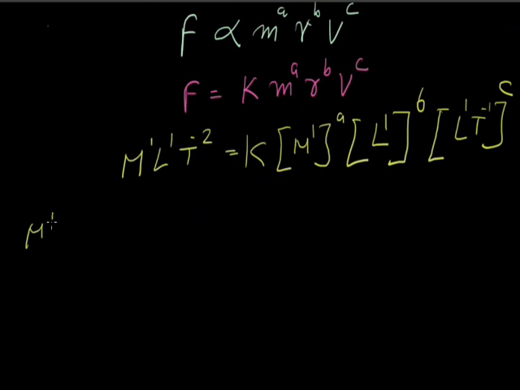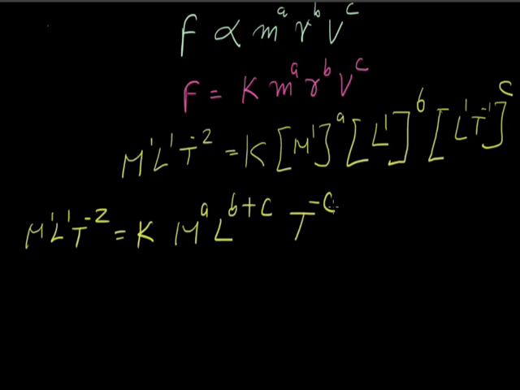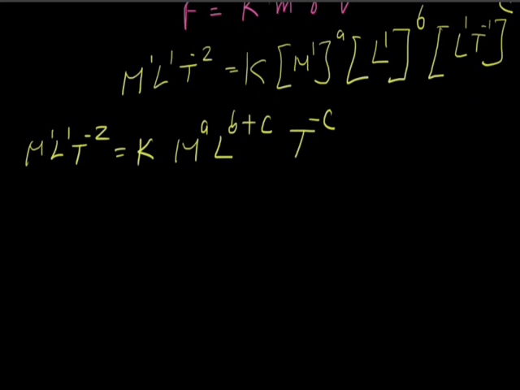So m1 L1 t minus 2 is equal to K, m raised to the power A, L raised to the power B plus C. L is here and also here, and in multiplication indices are added, and t is raised to the power minus C. On comparing the RHS and LHS, first the power of m: m1 equal to m^A implies A is equal to 1.